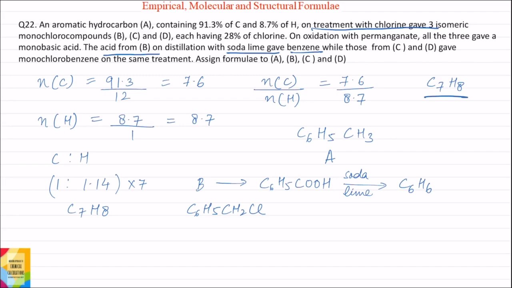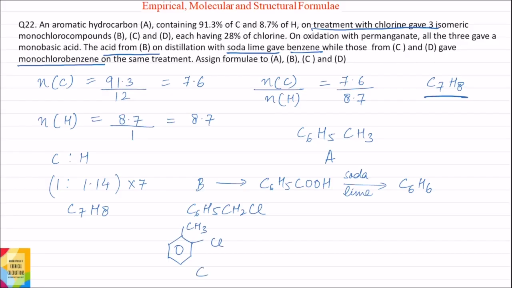Now for the compounds C and D, they gave monochlorobenzene on the same treatment. Now monochlorobenzene means the chlorine group is present on the benzene ring. Therefore the formula for the compound C will be C6H5CH3 with chlorine at the ortho position.